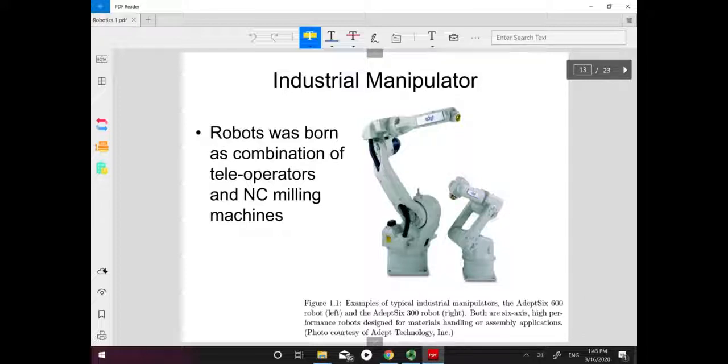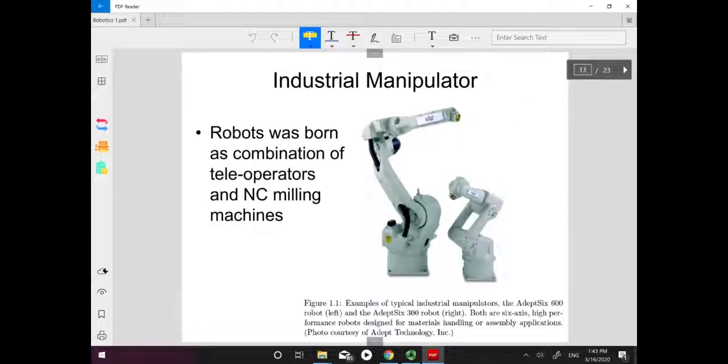Again, this whole hardware, this whole mechanical structure, is called a manipulator. These two are examples of typical industrial manipulators. This one is from the company Adept, the Adept Six 600 robot, which is here.